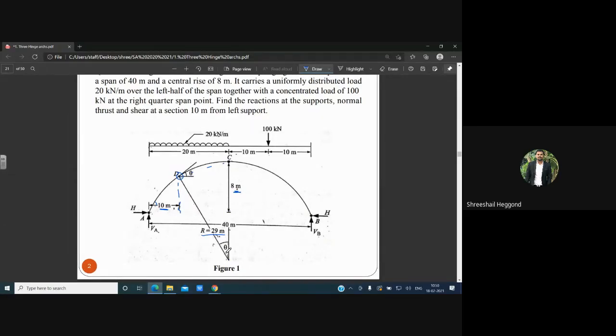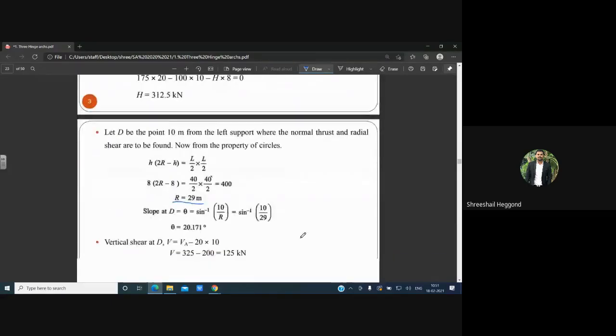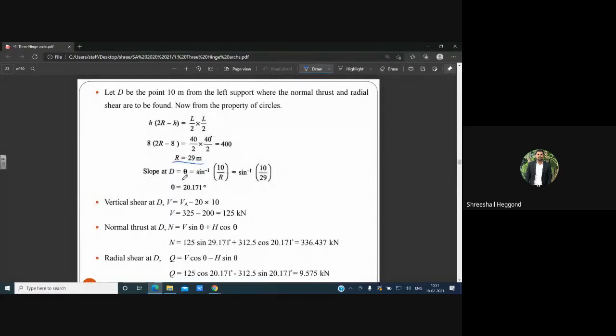Therefore, the theta value can be calculated. Therefore, the theta will be 20.171 degrees. Once you know the theta value, next is to find out the vertical reaction.